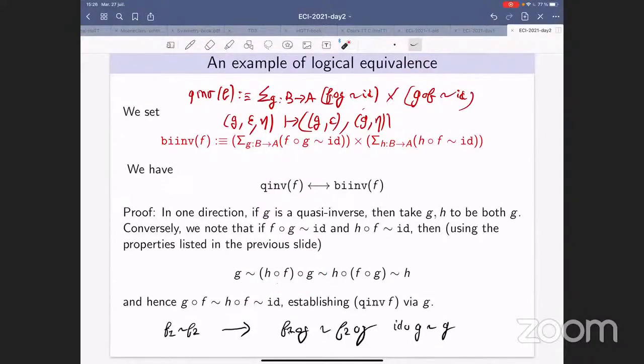And then these are actually equal. This is definitional equality, because composition of functions is clearly definitionally no, sorry, it's homotopic. It's also a homotopy, but we also have to prove it, but we prove it for each argument.